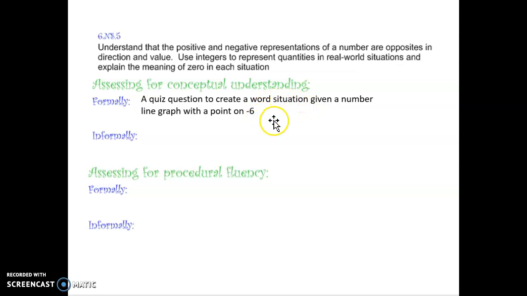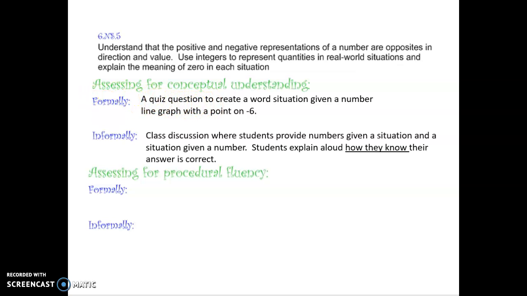So that's going to ask them, do you understand what -6 is? Do you understand why negative numbers exist? I could also have them give me an explanation of what 0 would represent in that particular situation. Because it's a quiz question, it's something I'm going to grade, I'm going to put that in their formal assessment.